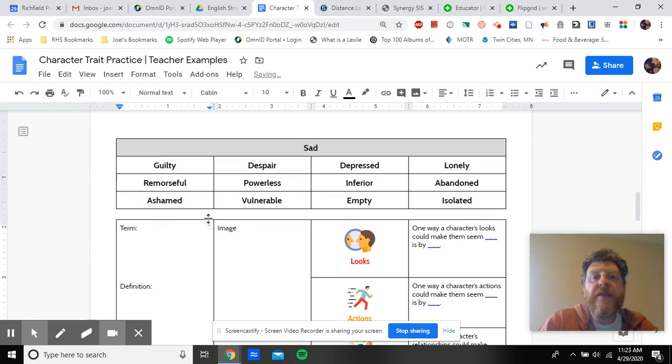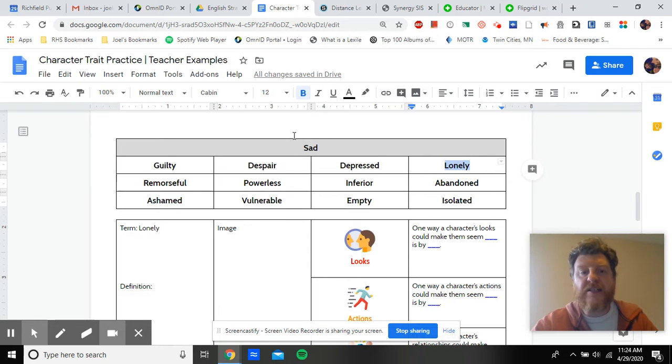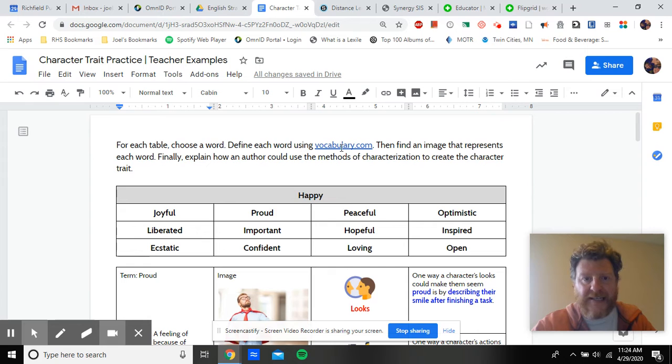First thing you're going to do is choose a word from the list there. So if I'm looking here at the word sad, there's a lot of really good words there. I'm going to go with the word lonely. All right, lonely and sad have pretty similar definitions, but I want to create a definition for the word lonely. To do that, I'm going to use that link at the top again.